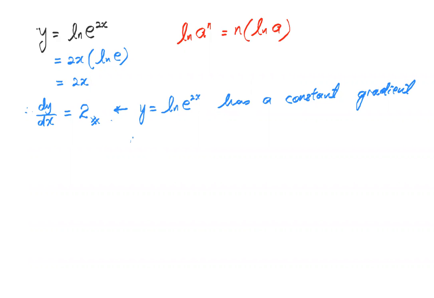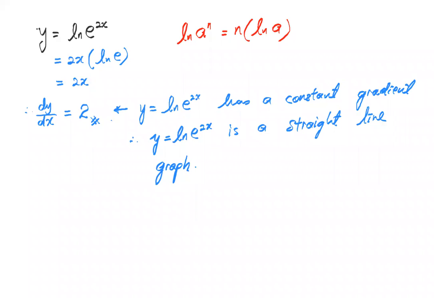Therefore, y equal to ln e to the power of 2x is a straight line graph. So you see how you interpret? Interpretation is extremely important. Okay? So far, so good? Good.